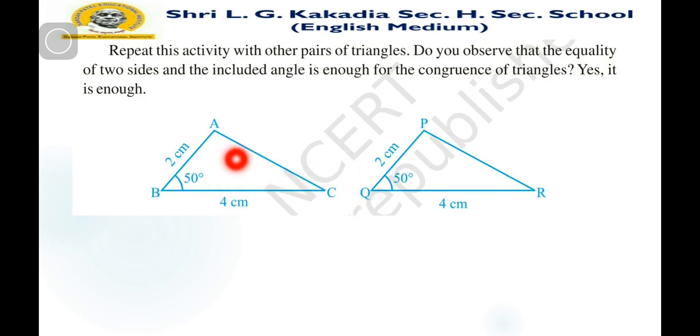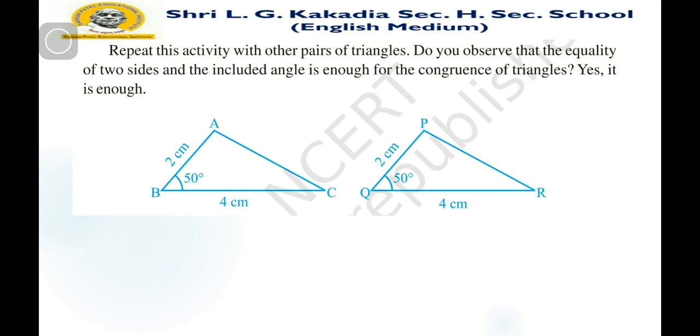So we can say that ABC is congruent to PQR. Means minimum three parts of one triangle are equal to the corresponding sides or angles of the other. As in the CPCT rule, if only three parts are equal to the corresponding parts of another triangle, then both triangles are congruent to each other.